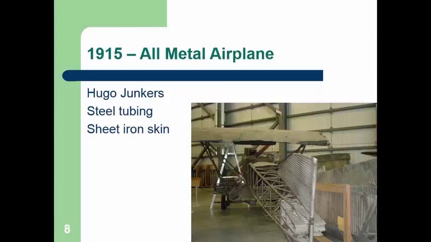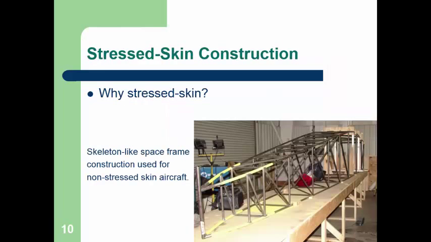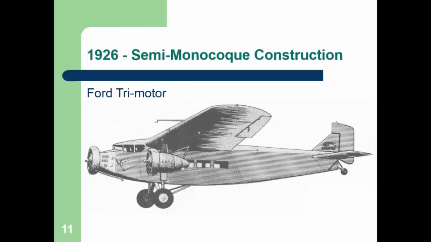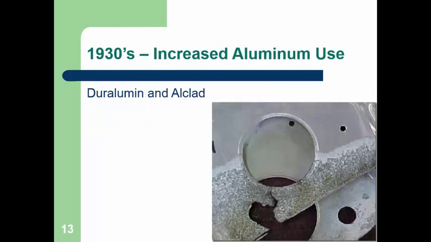So this is the evolution of the airframe design from an all-metal steel tubing frame to a stressed skin construction. That is, the skin is taking part of the design loads, to a monocoque construction where you have a stressed skin that either takes part or all of the load.